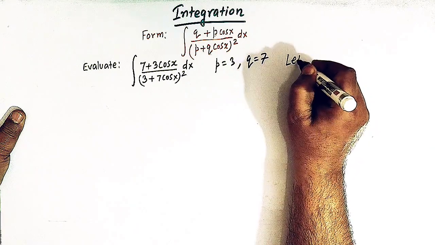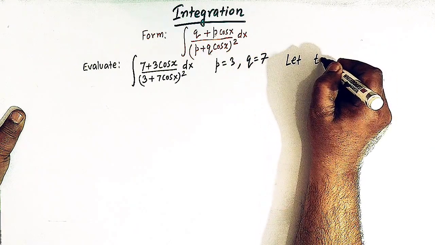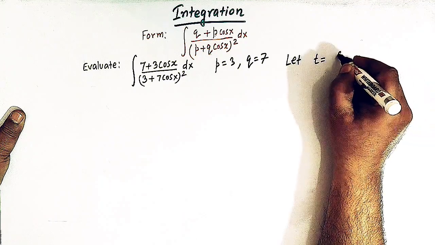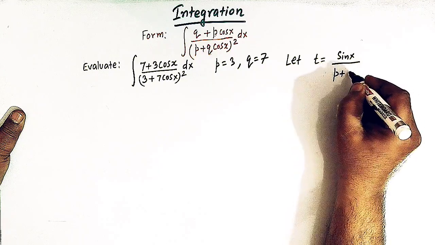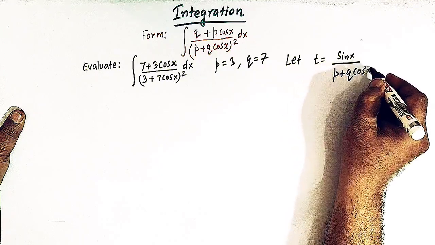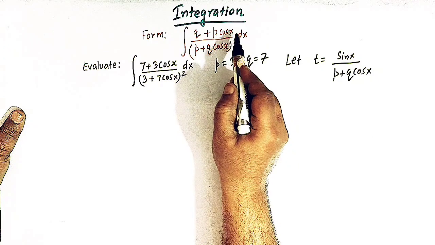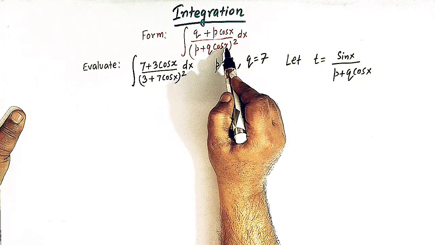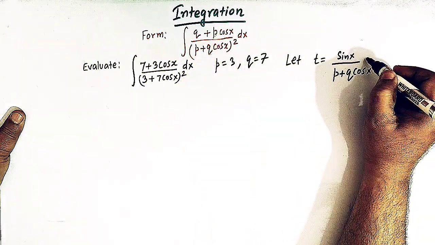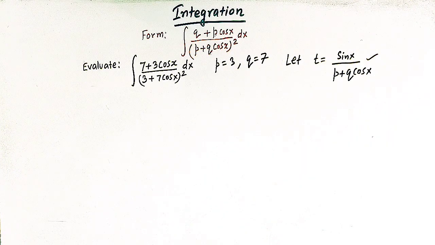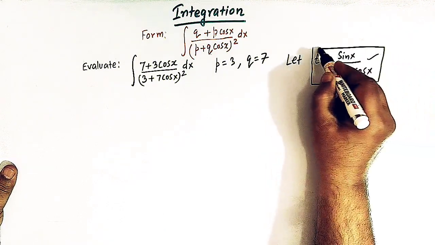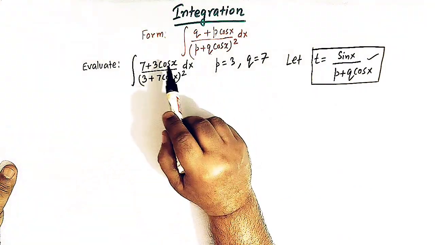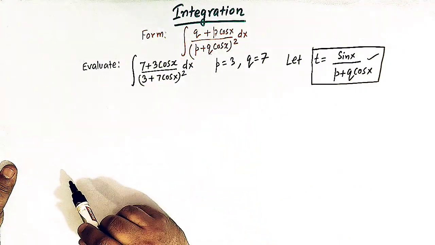So let us take this substitution, that is t is equal to sine x divided by p plus q cos x, right? So whenever we come across these types of integrals, we always take this substitution. So we should always remember this form of substitution while evaluating these kinds of integrals, right?